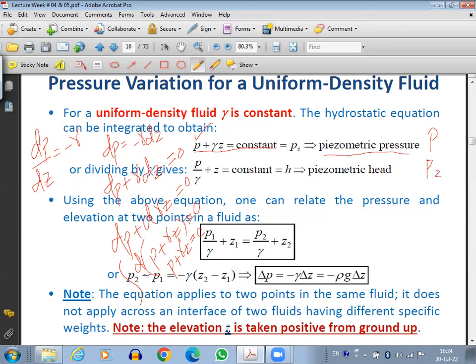P is hydrostatic pressure. P plus gamma z is Pz, which is piezometric pressure. So what's the difference between hydrostatic pressure and piezometric pressure? In case of piezometric pressure, you also take into account gamma z, and gamma z is basically what? Gamma z is the pressure due to elevation.